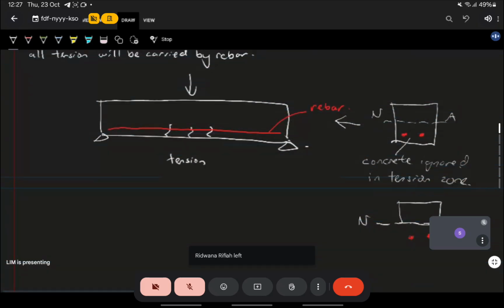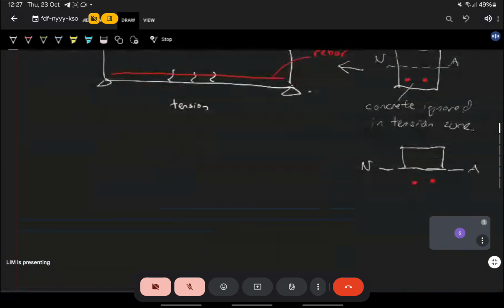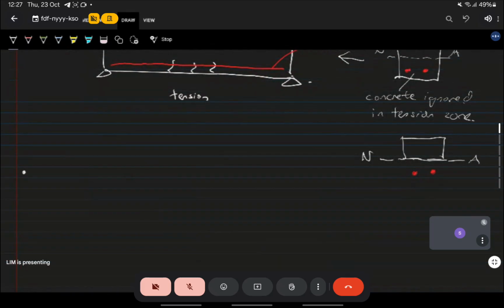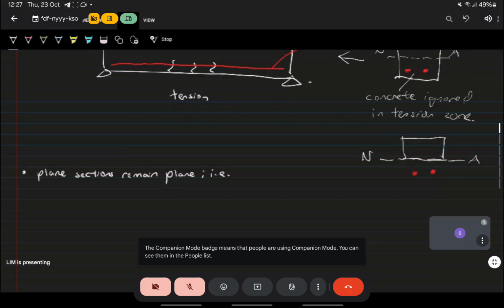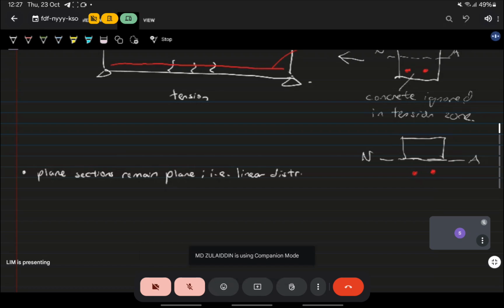The next thing is more like a simplification. Plane sections remain plane. In other words, there is a linear distribution of strain.